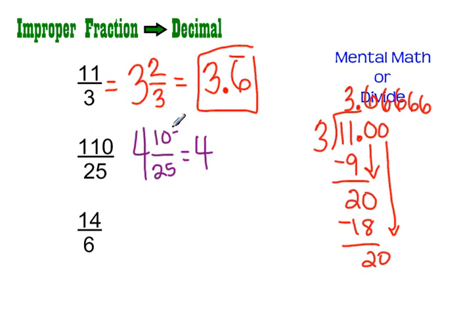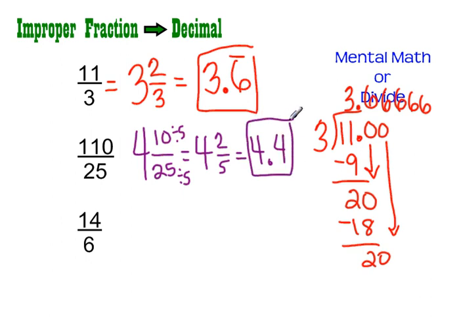If I divide by 5 on the top and bottom, 10 divided by 5 is 2. 25 divided by 5 is 5. And lucky for you, of all those fractions you memorized, 2/5 is 0.4. So far I haven't had to do any division yet.